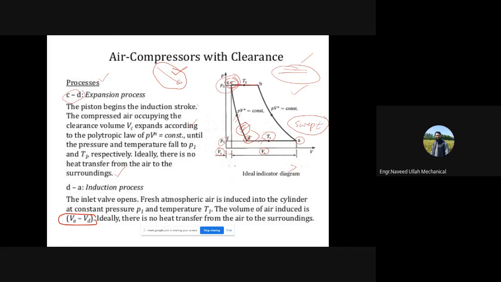Induction will be what? This is your VA and this is your VD. So VA minus VD is your induced volume now. ठीक है, इतना वॉल्यूम आप इंड्यूस करते हैं.